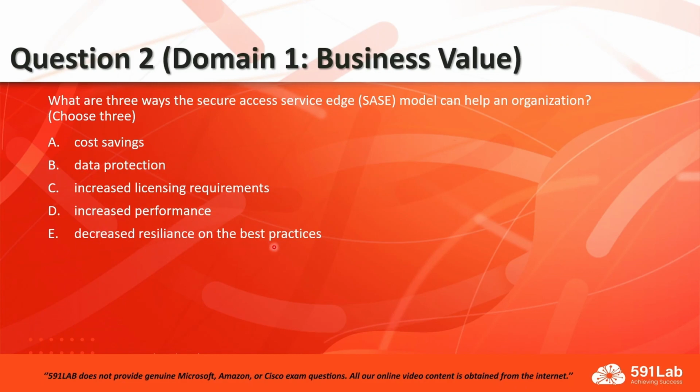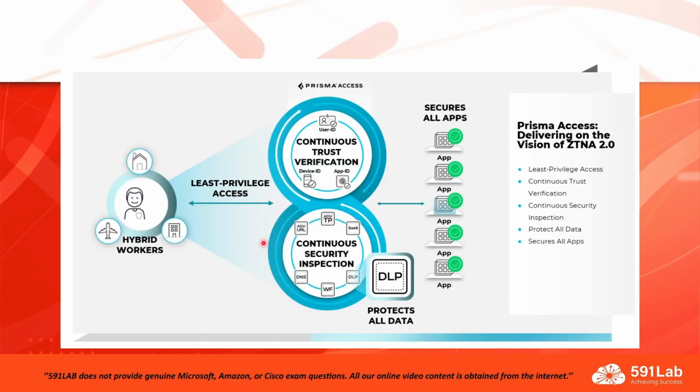To answer these questions, let me show you. Here we have the architecture of Prisma Access. With Prisma Access, we can connect the hybrid workers into the Prisma Access environment.